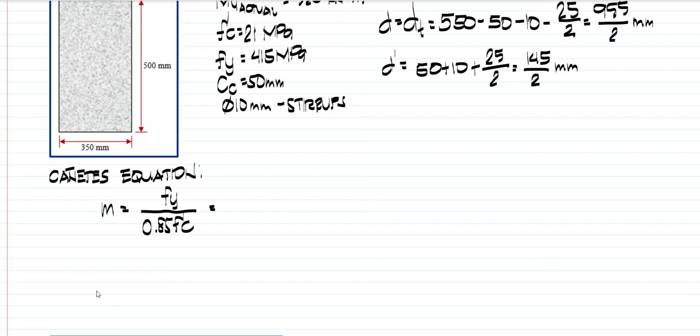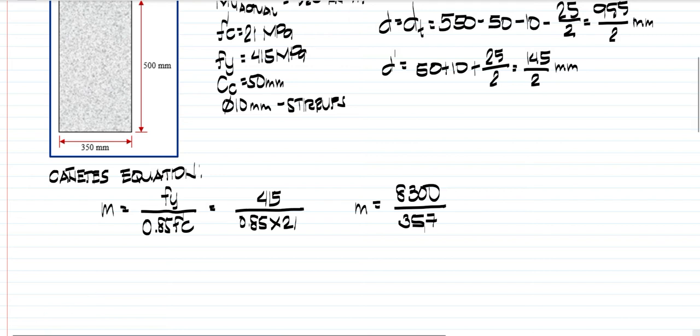That is equal to a value 415 over 0.85 times 21. So, that will be a value of m equivalent to 8,300 over 357.